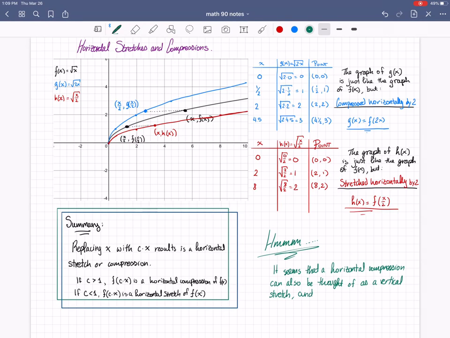And a horizontal stretch can also be thought of as a vertical compression.